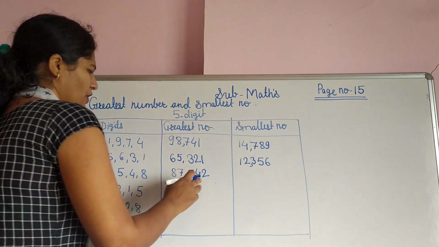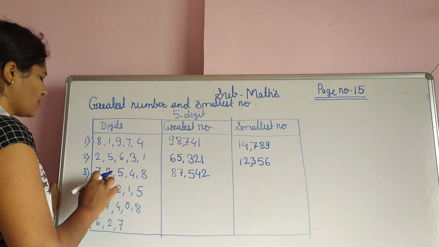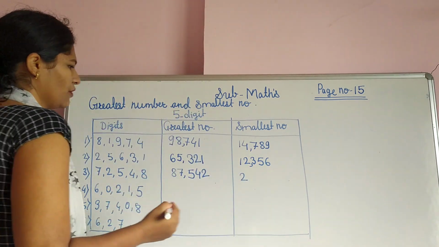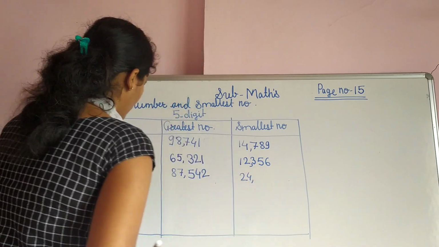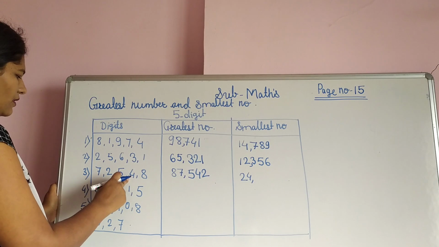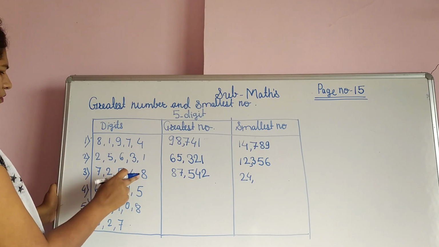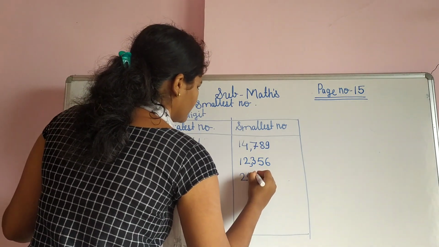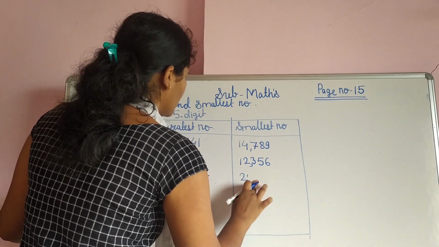We start from the small digit. Which is the small digit? 2. After that which is small? 4. Then 5 is there. Sorry.